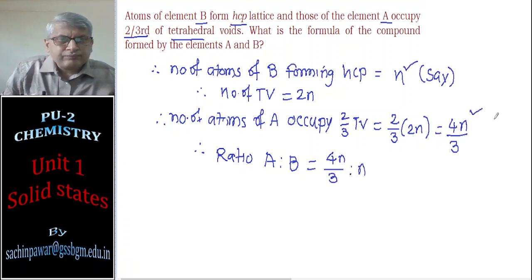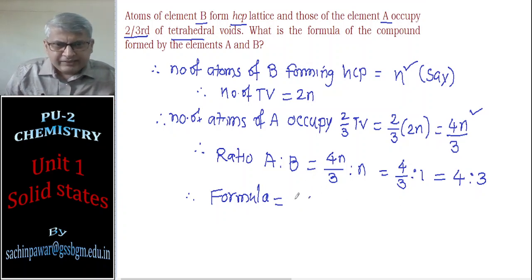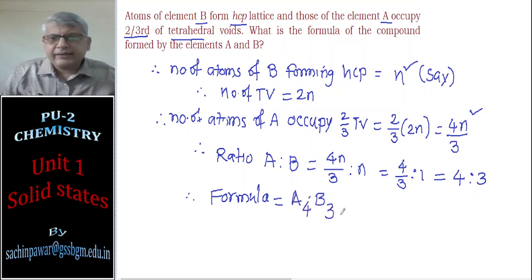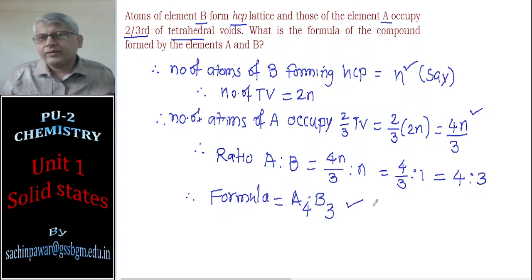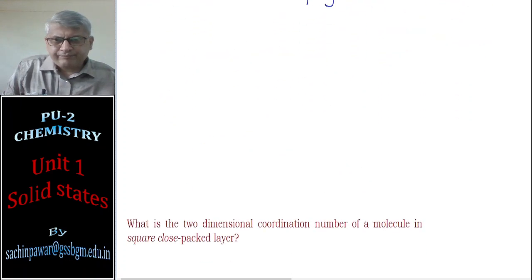Again if I divide it, it is 4 by 3 is to 1, that is equal to 4 is to 3, and therefore the formula comes out to be A4B3. This is the formula of the compound. This is problem number 2. Let's quickly move on to the next problem.